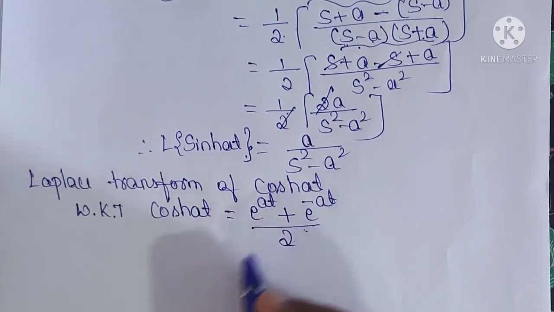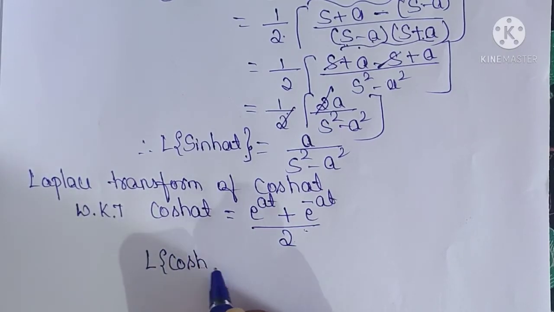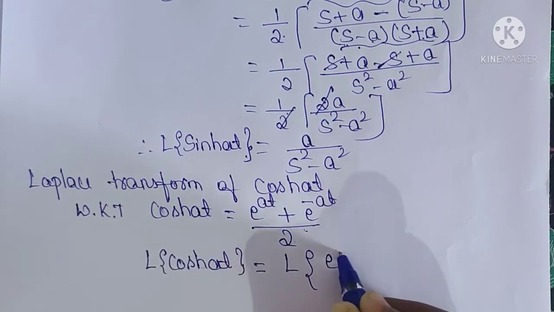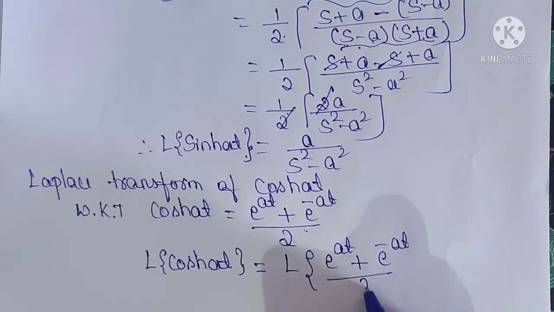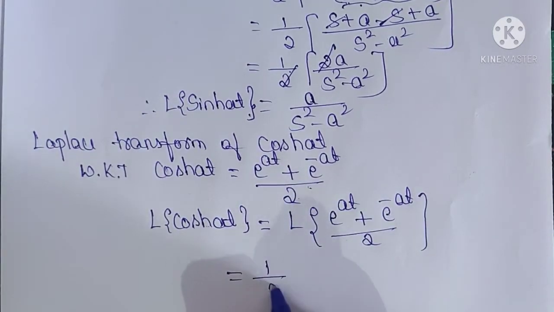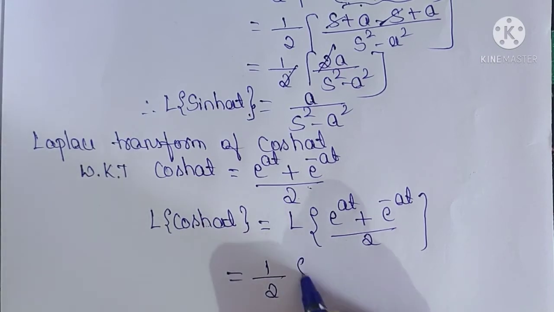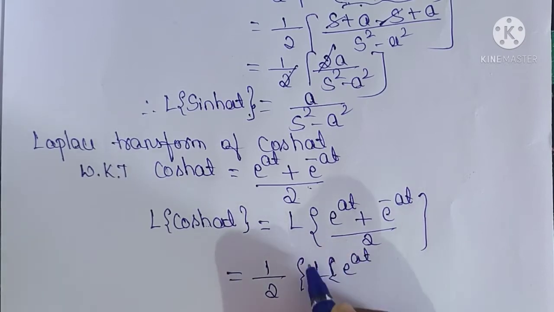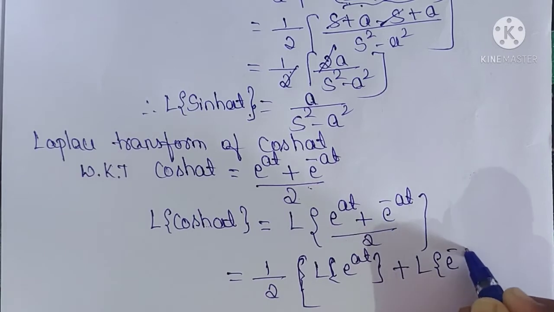Apply Laplace transformation on both sides. L of cosh(at) is equal to L of (e^(at) plus e^(-at)) divided by 2. This can be written as, by using the linearity property of Laplace transform, 1/2 into L of e^(at) plus L of e^(-at).